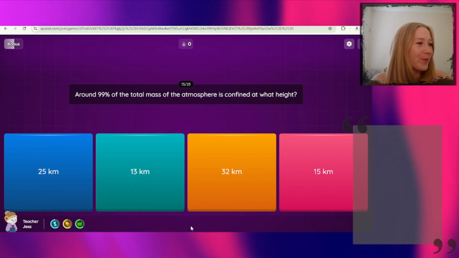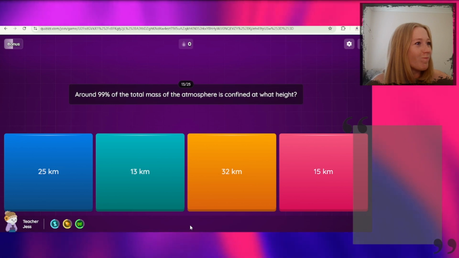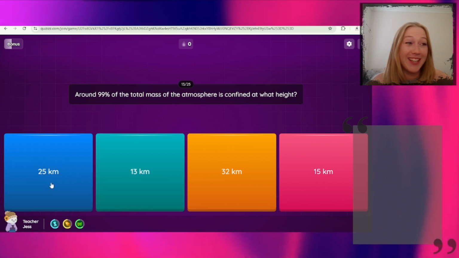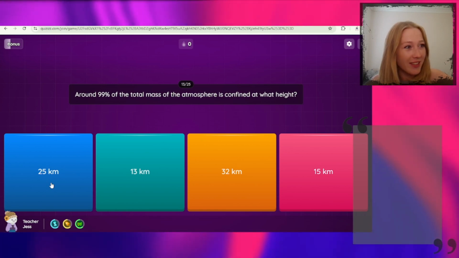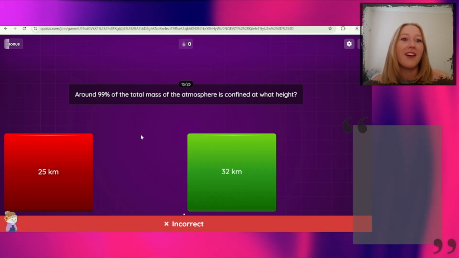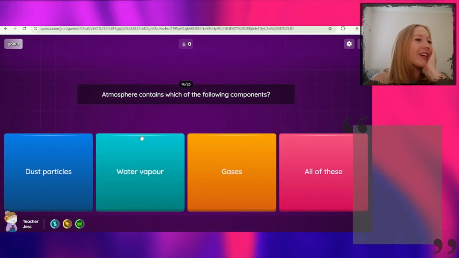I don't want to. I'm gonna say 25. I'm sure some of it extends beyond the troposphere. So 25. I feel like this is gonna be wrong. 32. No. Okay, okay, fine.